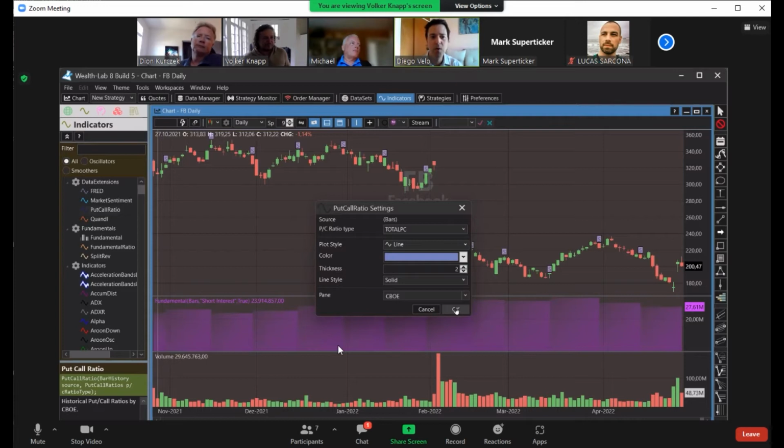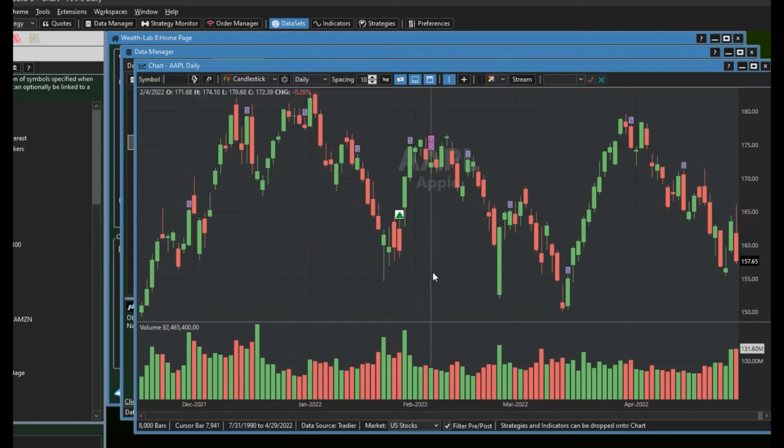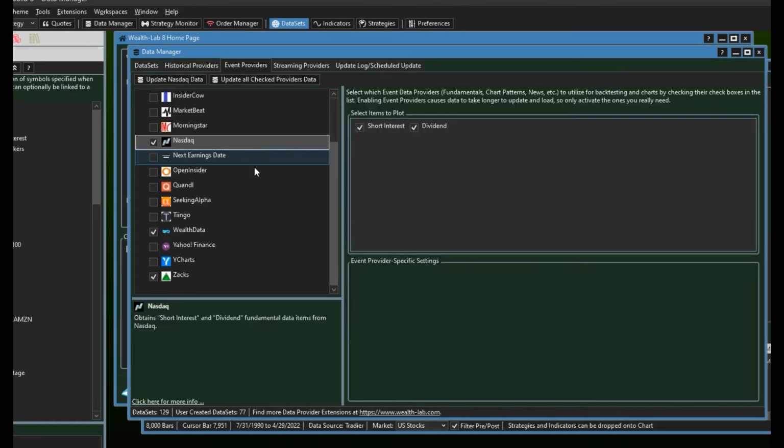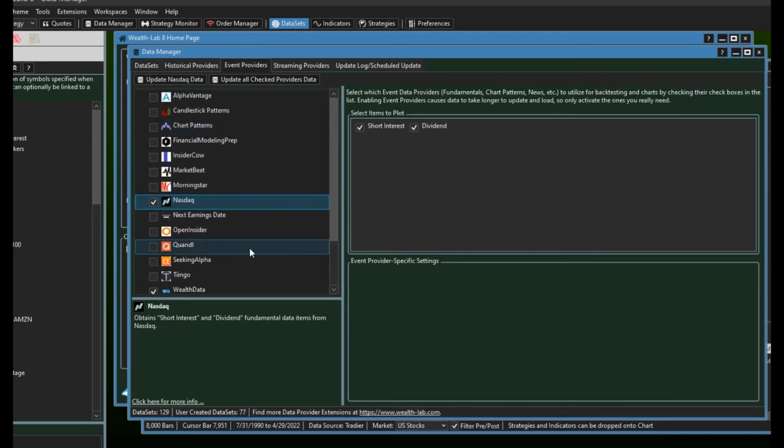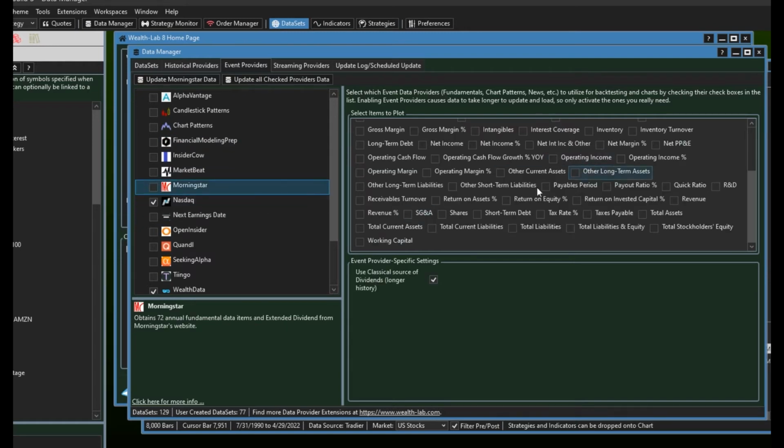But it would be interesting to know the percent of short interest depending on the total float. Oh, we can do that. Yeah, we might need the other extension for that though. We might need the fundamental extension because the fundamental extension can give us the total shares outstanding.